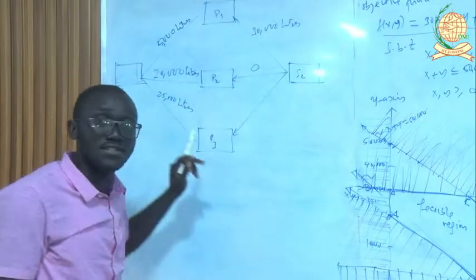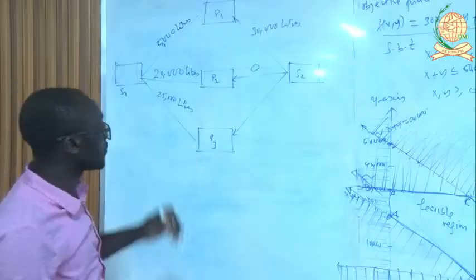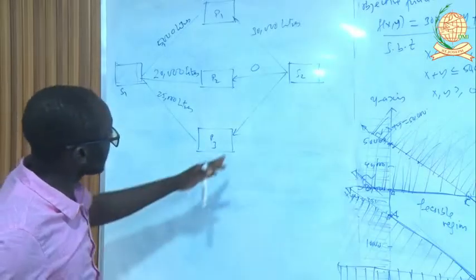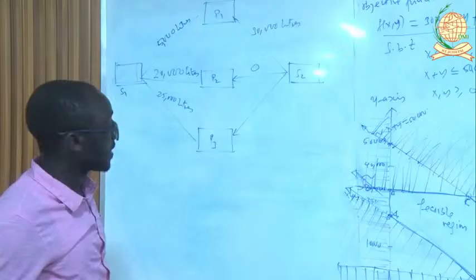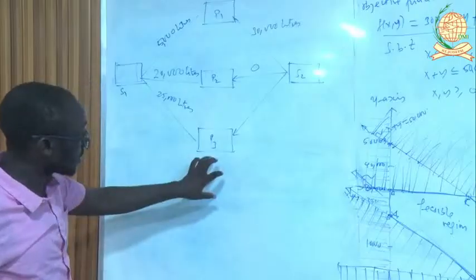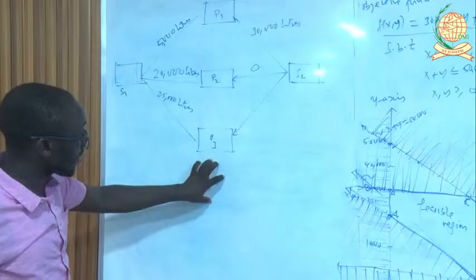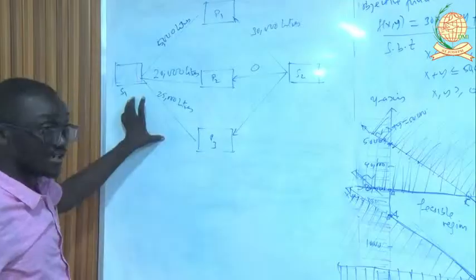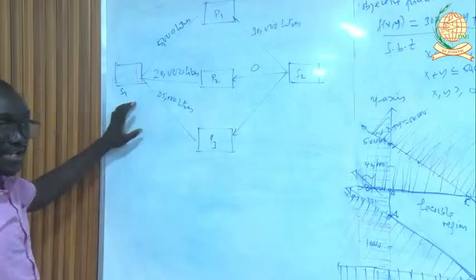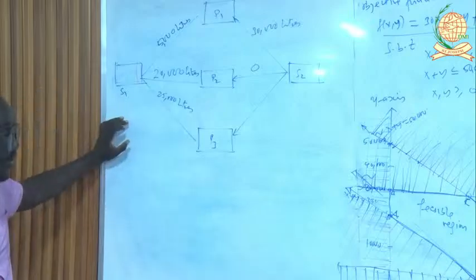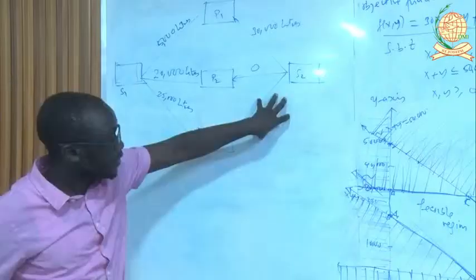It is 20,000 minus 20,000, which is 0. And lastly, this one, if you remember, was x plus y minus 25.